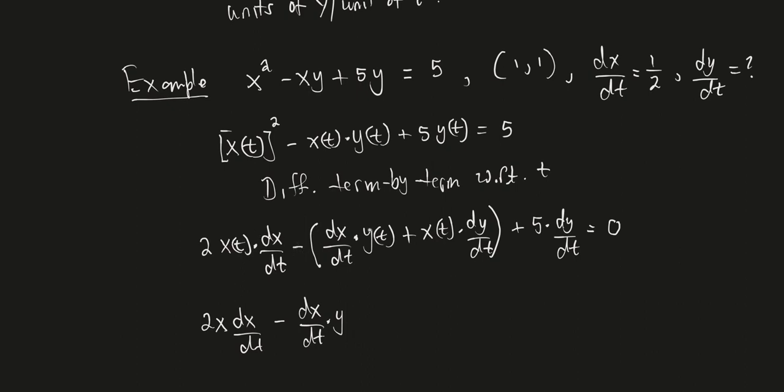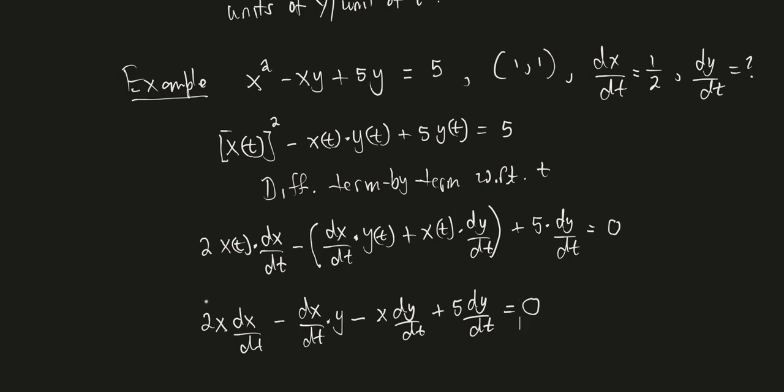And also this negative will change that plus sign to a minus, and then I have x dy dt, and then plus 5 dy dt, and then that's equal to 0.